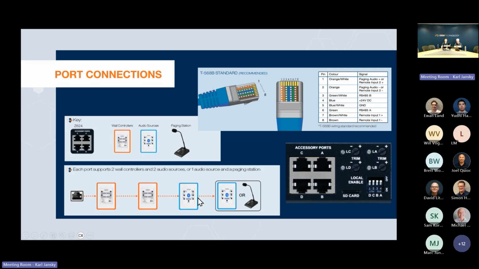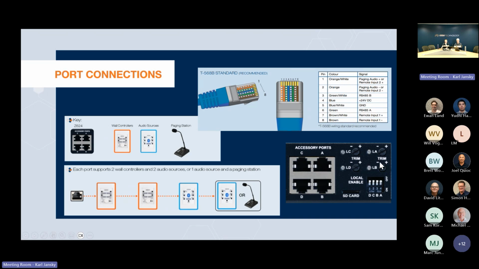And finally, with the two audio wall plates, they are mixed internally in the Z624, and they come out of input 6. So the way that this works is you plug in the wall plates, they come into the accessory port.